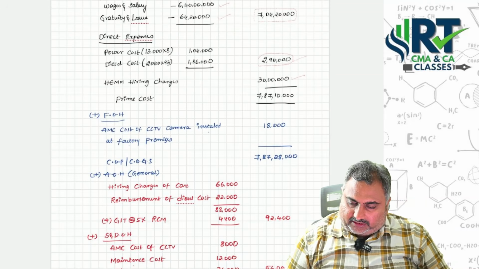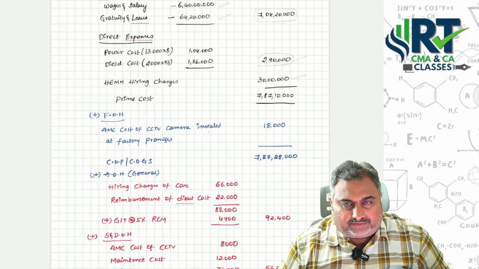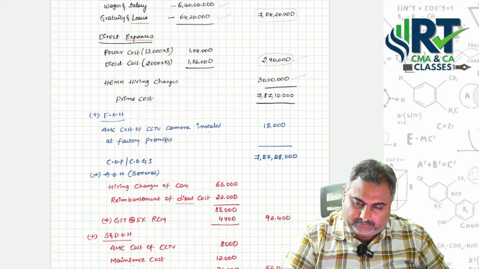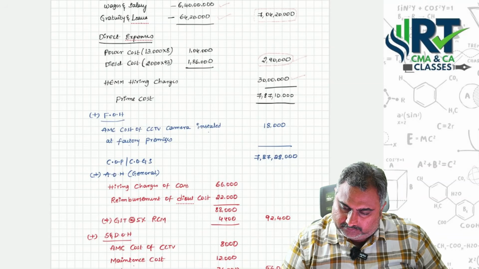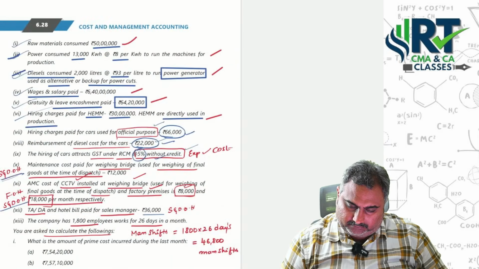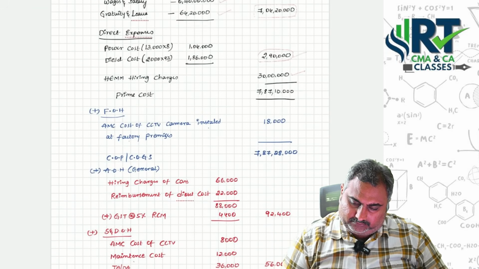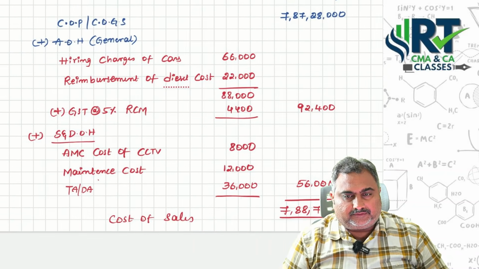So finally we got cost of sales of 7 crore 88 lakh 76,400. Okay? Yes sir, this is about cost of sales.